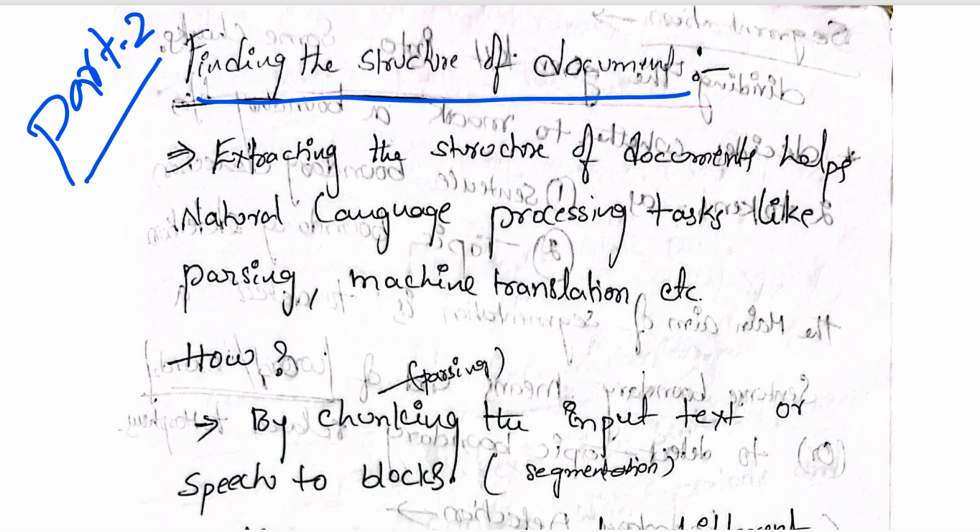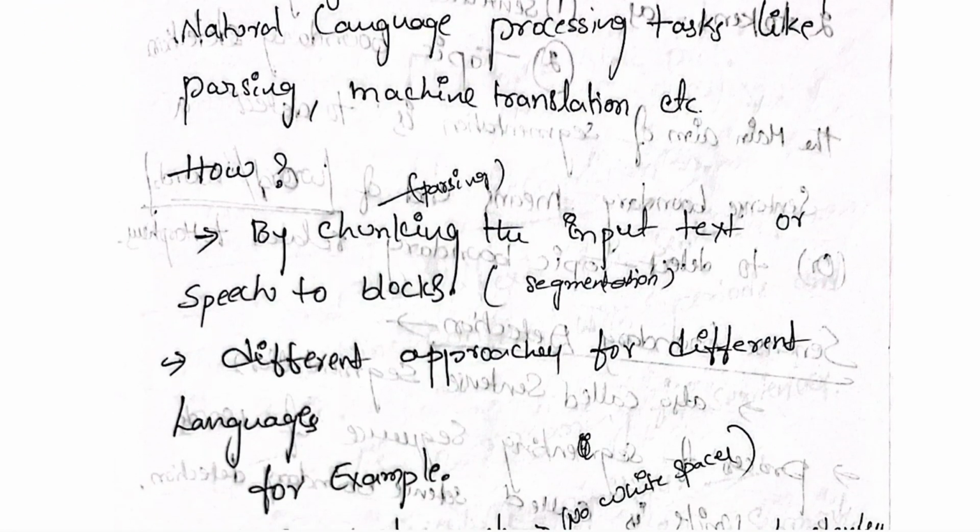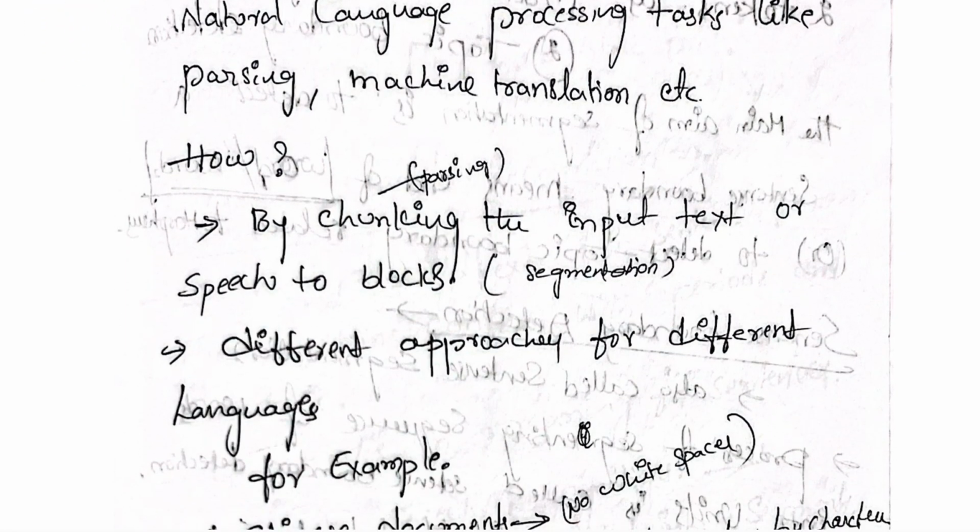Now, how do we extract the structure of the document? By parsing the input text or speech into blocks. That means the content available in the document, you have to divide into small parts, chunks, blocks.